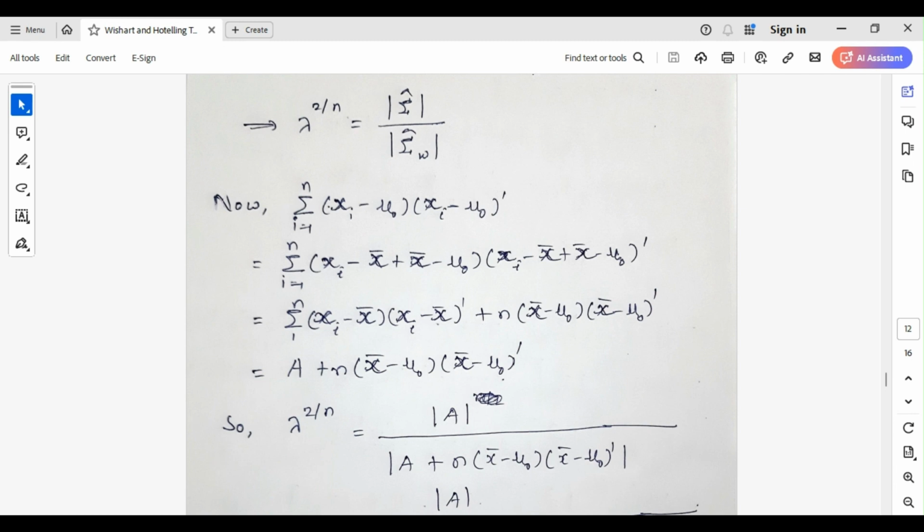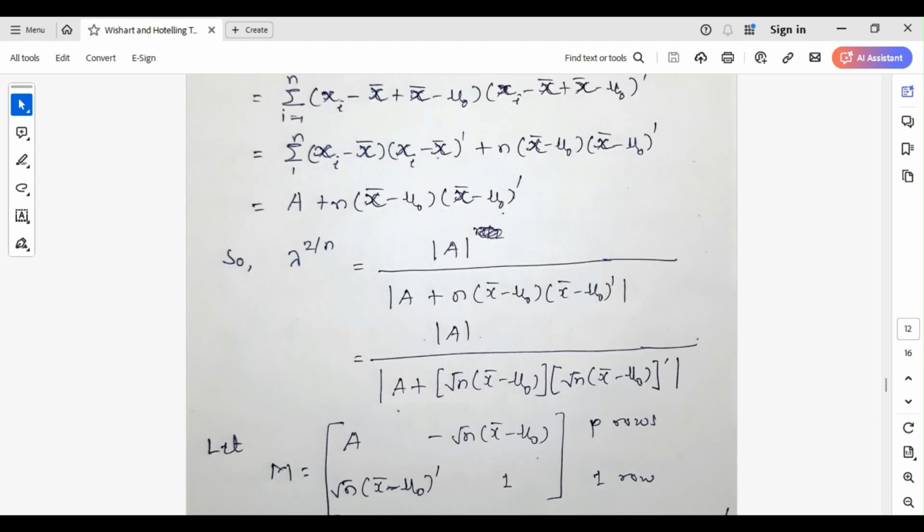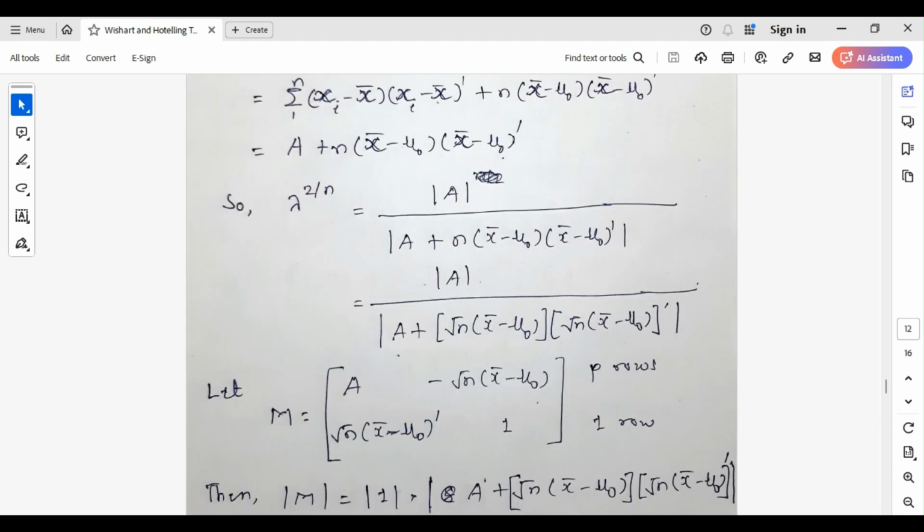So lambda raised to 2 by n we can write as determinant of A upon determinant of A plus this term. So we can further rearrange like this. So this becomes determinant of A upon determinant of A plus, now this n times x bar minus mu naught into x bar minus mu naught transpose we are writing as root n times x bar minus mu naught into root n times x bar minus mu naught transpose.